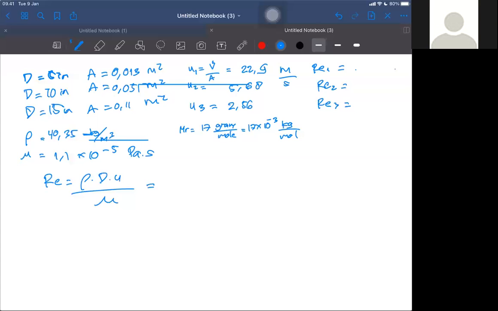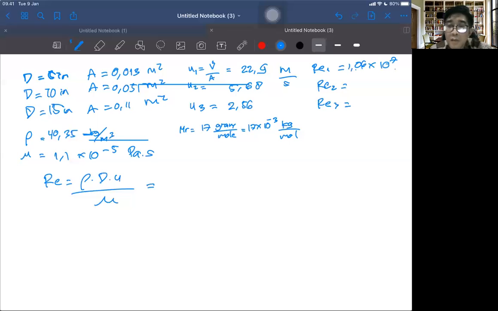How much is the Reynolds number for each pipe diameter? Sir, for the Reynolds number for 5 inches, I got 1.06 times 10 to the power of 7, sir. Okay, please, the other students, recheck the calculation. Is it correct?